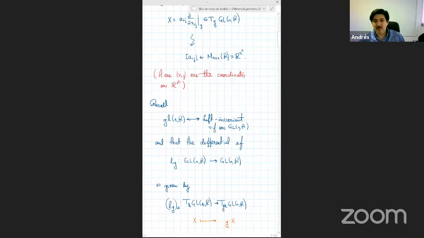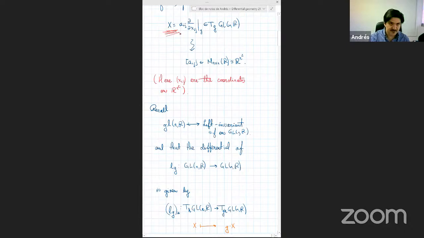When we defined the differential of a smooth function, we computed a few examples, and among those was left multiplication. Remember that this is an arbitrary n by n matrix. So I'm considering the vector like this, where g is a non-singular n by n matrix, and here is the matrix multiplication, so I obtain an n by n matrix. That's the differential.